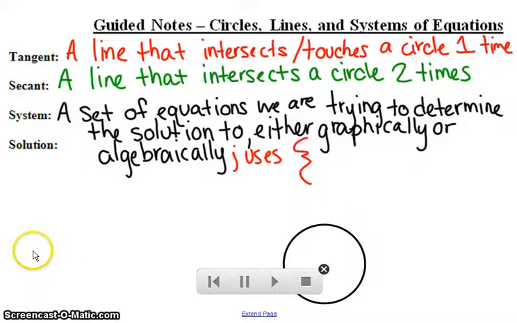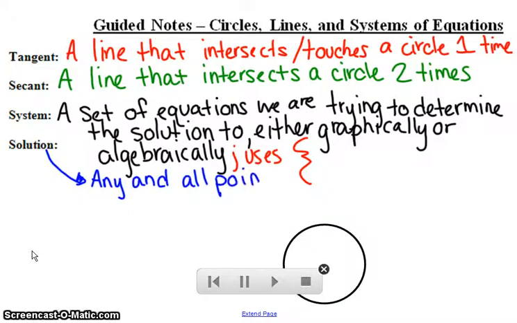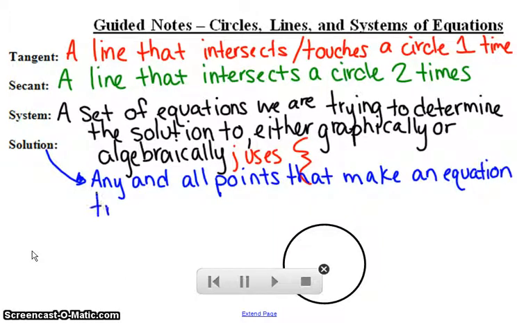Our last definition for right now is solution. And solution is pretty much a synonym for something you've already done before. It's pretty much any and all points that make an equation or set of equations true.